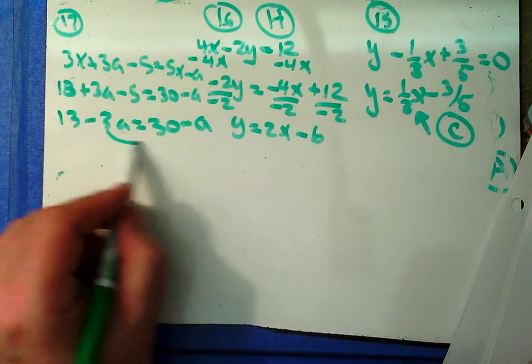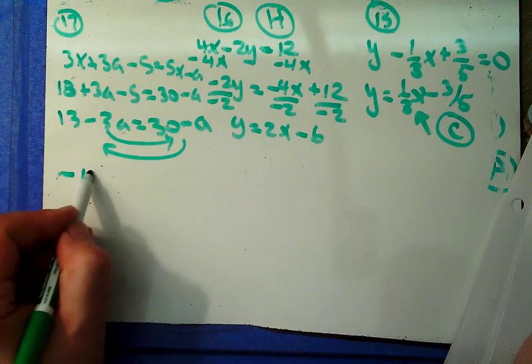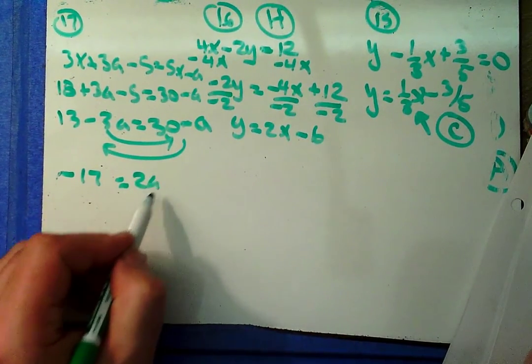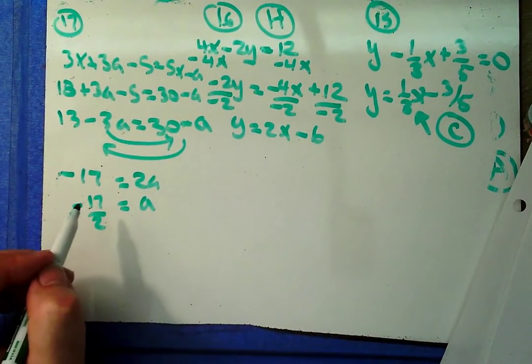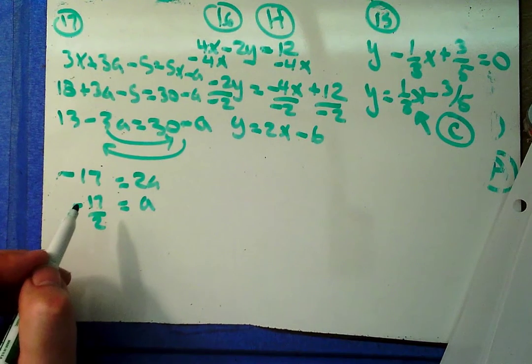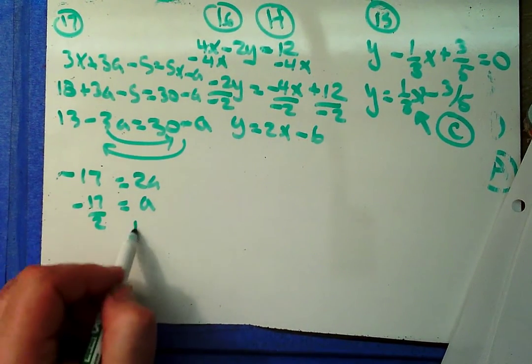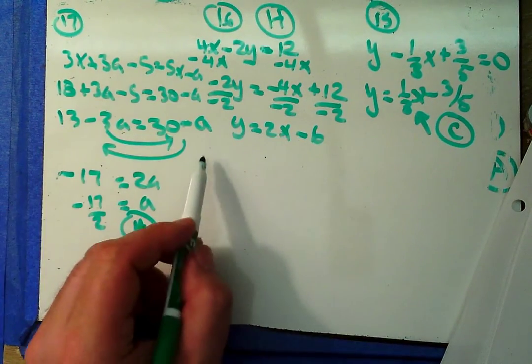I'm going to move all the a's onto this side and the numbers onto that side. So I'll have negative 17 equals 2a, or a equals negative 17 over 2, which is negative 8.5. Let's see which answer that is. That is A. A for number 17.